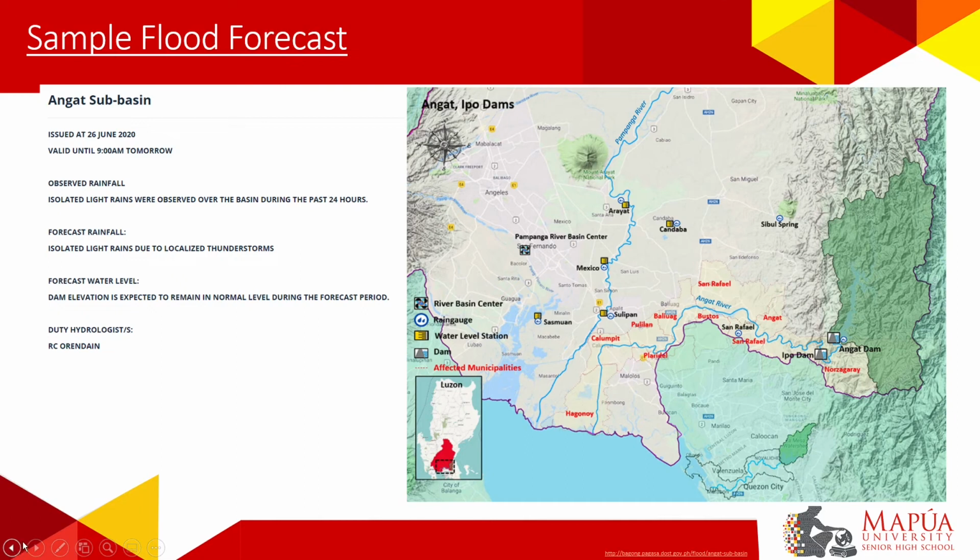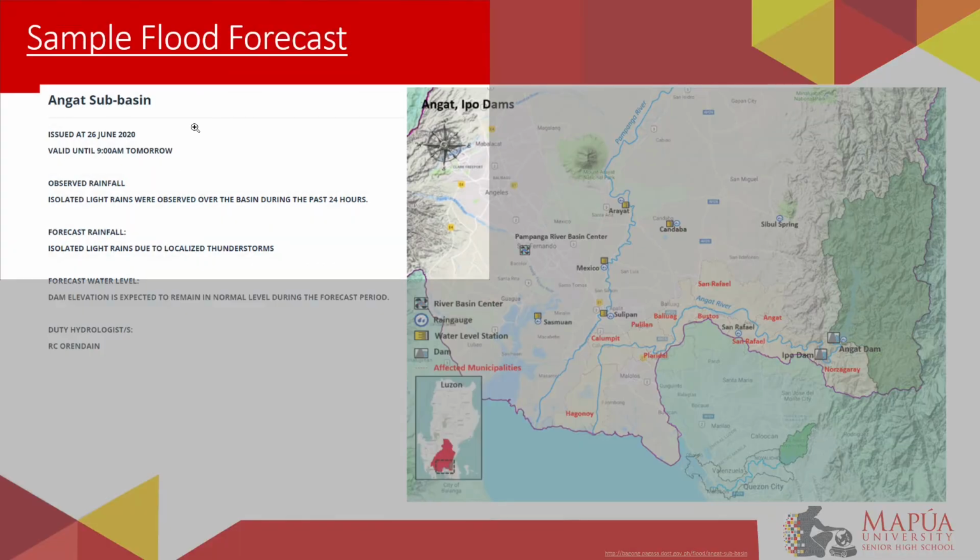Also, there is a forecast that we can look at on the Pag-asa website. If we click on areas in the website like pag-asa.dost.gov.ph/flood/Angat basin, we can see a forecast for the Angat basin itself.